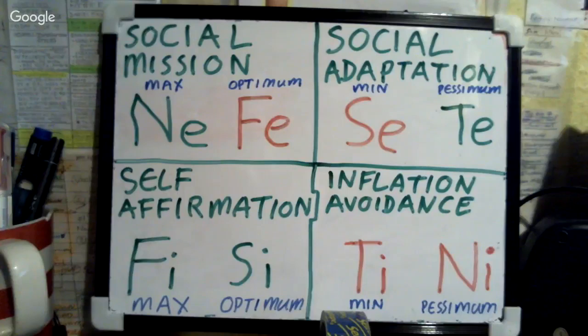Now, a lot of the times when the situation calls for, say, TI, analyzing it, using the logic, they can pretty much use the NE on that, because really NE is a logical process because it's transcontextual thinking. So they can pretty much use the NE as a workaround.